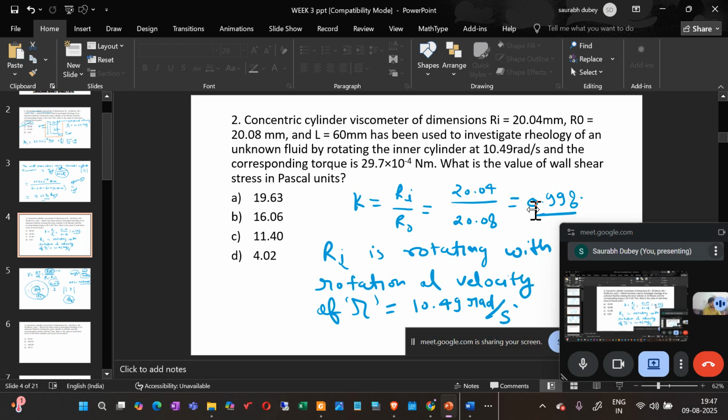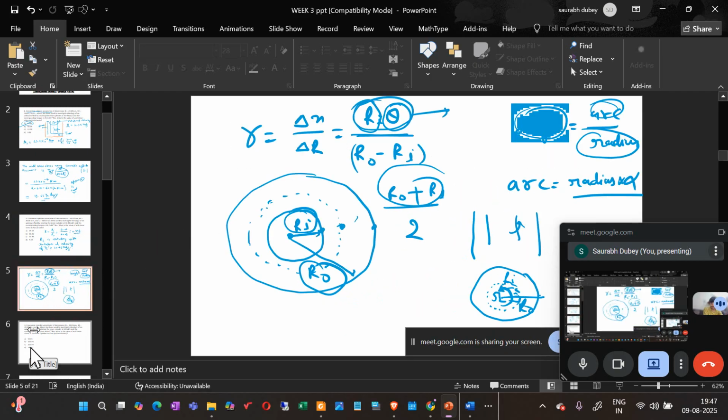So a very small gap is there between the two, and the length remains the same, the rotational velocity also remains the same, and the torque also remains the same, right? So now the wall shear stress, what will it be? One thing is clear, that now the v theta velocity will be high because the gap is very narrow, right? So let us solve this question.